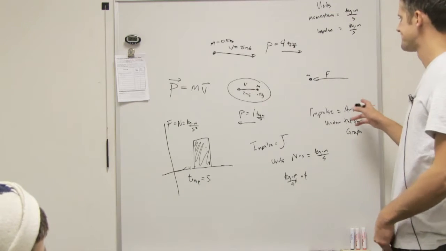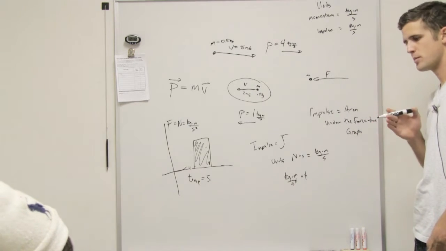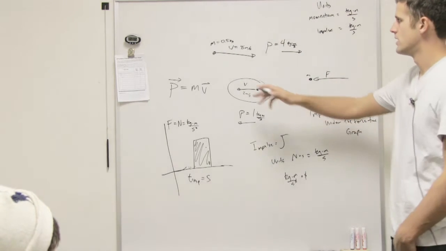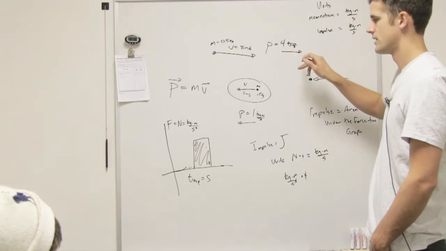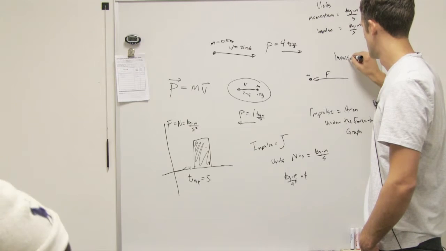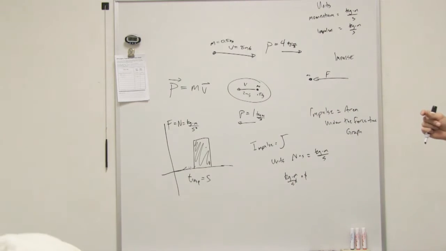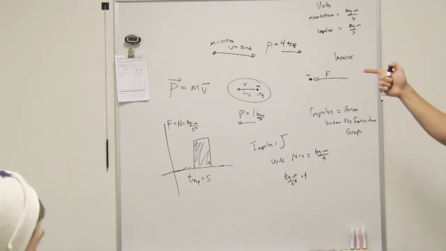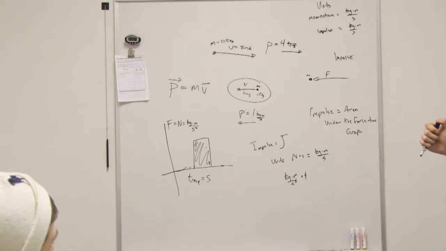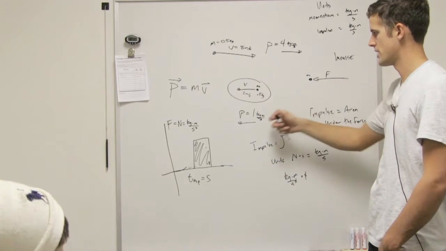But what happens is, you have a certain momentum going in one direction, right? So this momentum coming here, and then there's an impulse, which was this force over a short time, and it caused it to go the other direction, right? So you started out with a certain momentum, there was an impulse, and it changed the momentum.